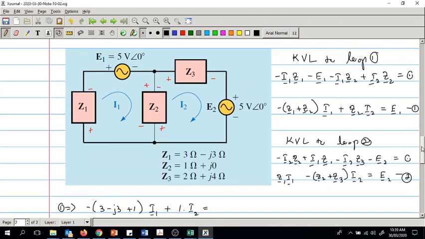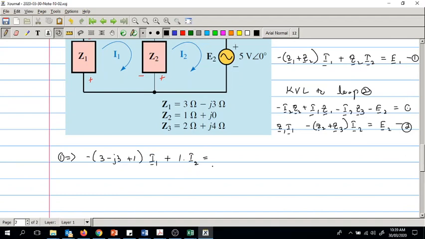E1 is 5 angle 0, so angle 0 you can leave aside. So this will give you minus 4 minus j3 I1 plus I2 equals 5.